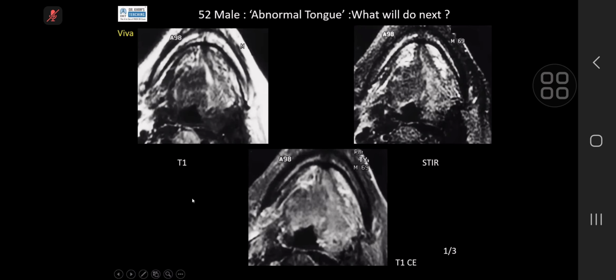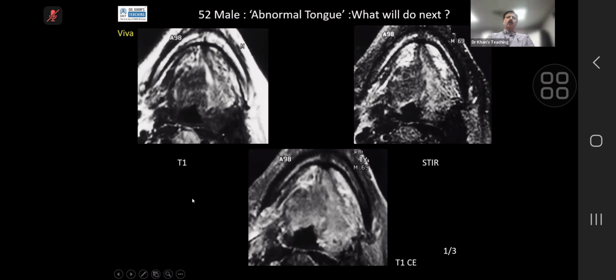Given that it's high T1 signal on that side of the tongue, it makes me concerned that there is a hypoglossal nerve lesion on the affected side, which would give you muscle atrophy of the tongue and denervation.